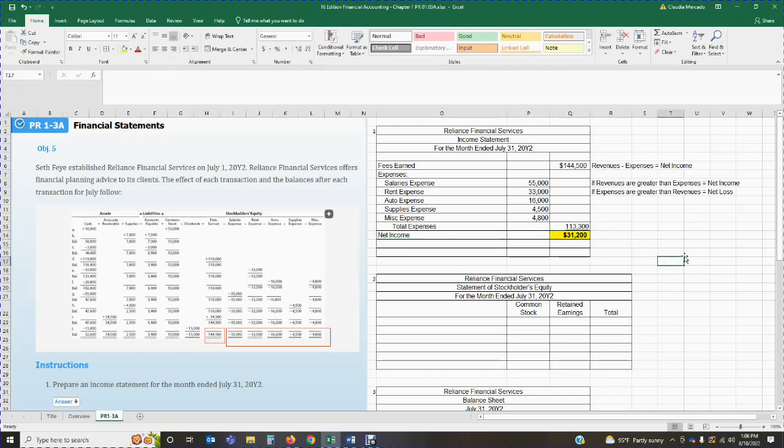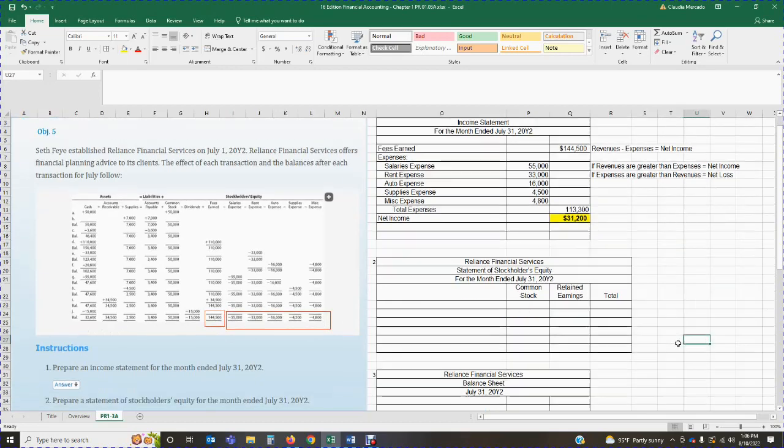Okay, so the income statement is done. Revenues minus expenses will give you your net income. Just make sure that you're picking up the numbers from your total, from your last balance. Okay, so that's pretty straightforward.